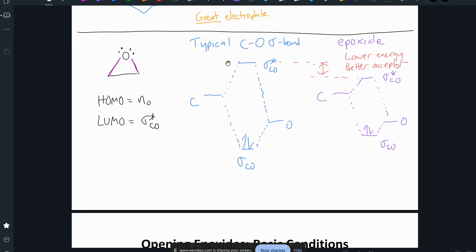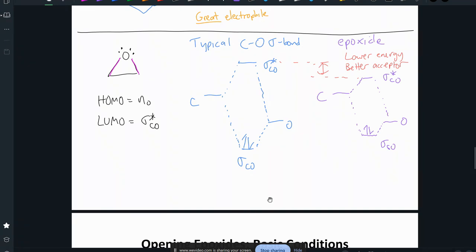reactions that OH minus or OR minus aren't good leaving groups for an SN2 or an E2 reaction. So typically, sigma CO orbitals and sigma star CO orbitals don't get involved in reactions very often.